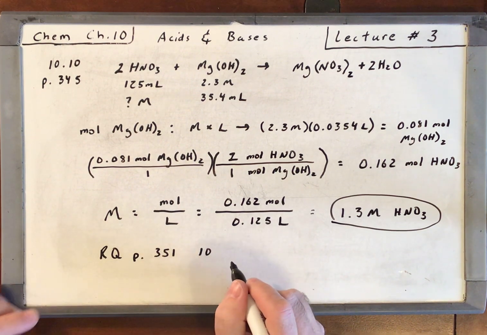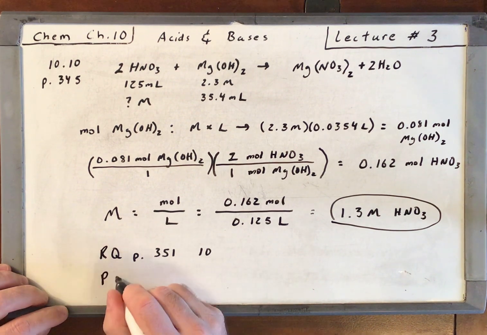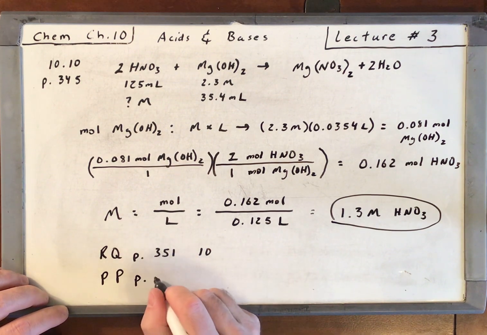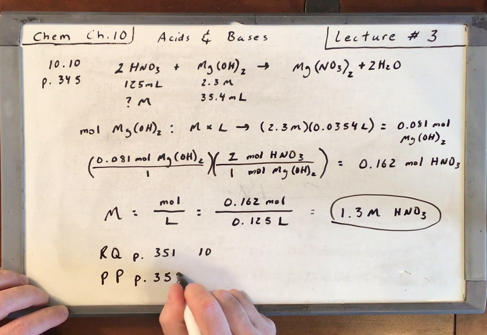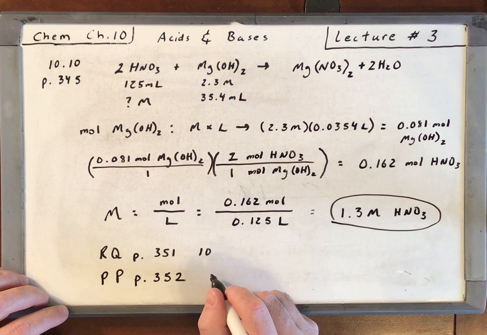Number 9 is related to when you did number 9 on lecture 2. Maybe I jumped the gun on that one. And practice problems, page 352. You've only got 2 problems. They're both titration problems. So that is number 9 and number 10.